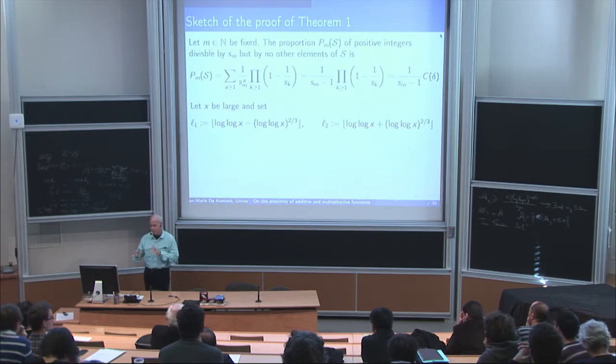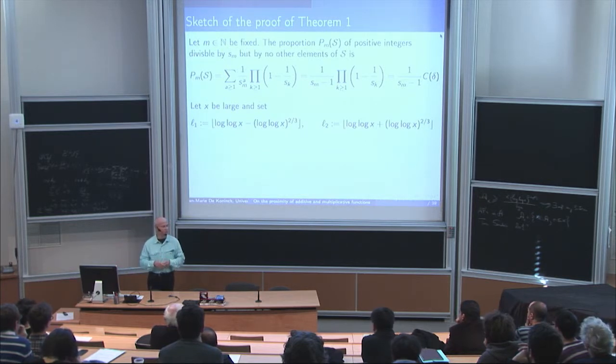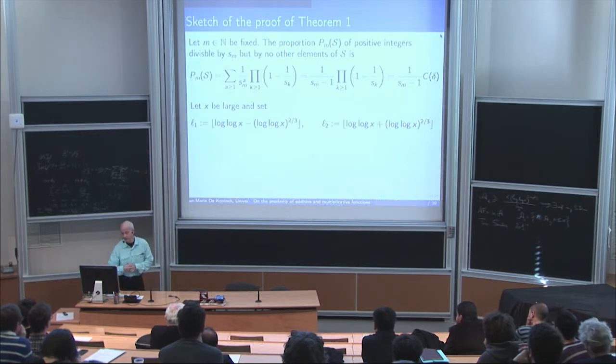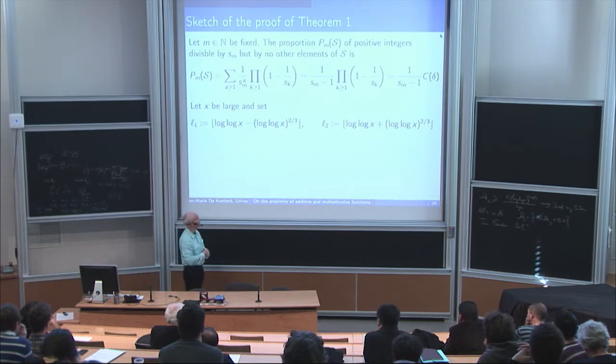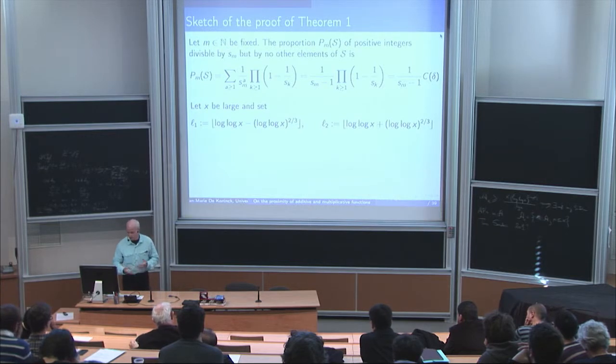Most of you see why I do that, because most of the integers up to x have a number of distinct prime factors which belongs to the interval [L1, L2]. I could even have taken (log log x)^(1/2+epsilon), say, instead of 2/3, but I allow myself this luxury because I don't need more.